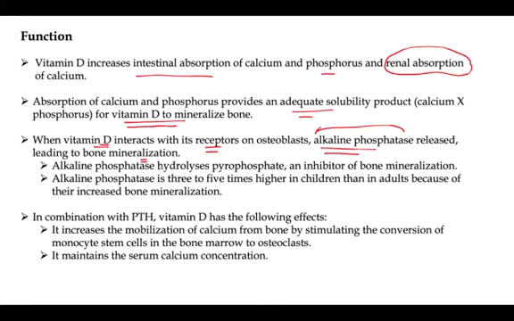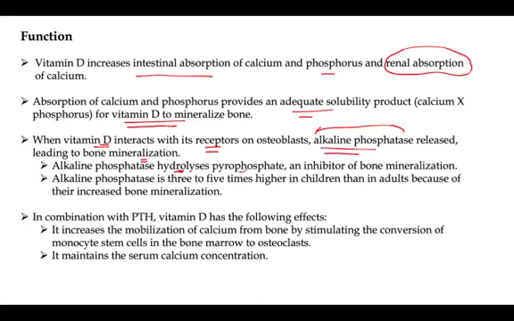Briefly, what alkaline phosphatase does is that it hydrolyzes pyrophosphate, and this pyrophosphate is an inhibitor of bone mineralization. So by hydrolyzing this pyrophosphate, it attenuates the pyrophosphate and promotes bone mineralization.